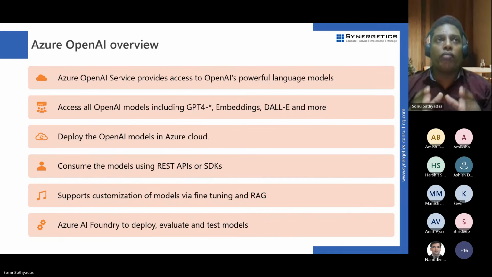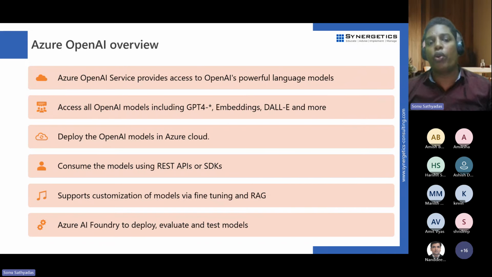And if you are going to use these OpenAI models using Azure, you can simply deploy the models within this Azure cloud. Wherever your customer resides, you can deploy these models in that particular region. It also helps you consume these models using the REST APIs or SDK.